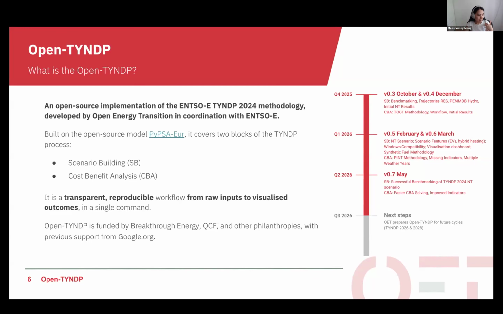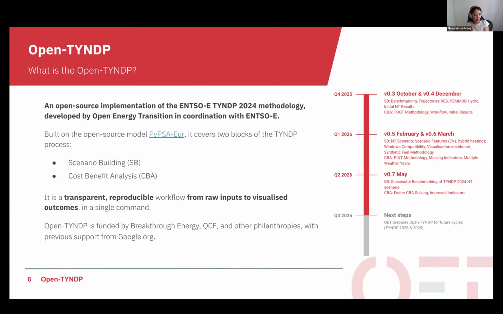In terms of timeline, we kicked off the project around the end of 2024, and just last month we released version 0.7 of Open-TYNDP, which includes a benchmarking of our scenario building results against the 2024 TYNDP national trend scenario, as well as a flexible and fast implementation of the CBA as well.